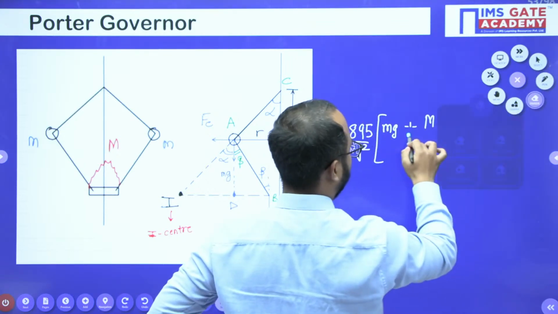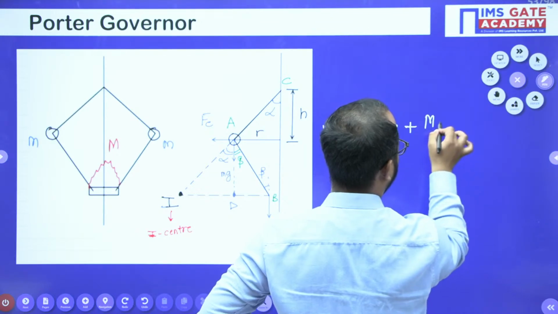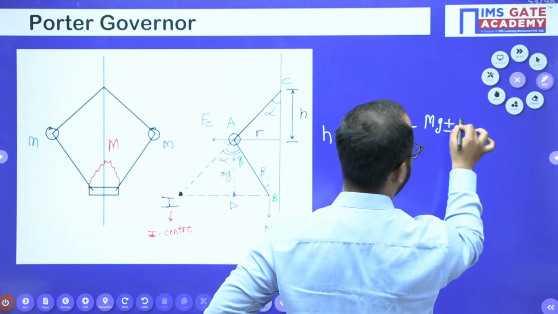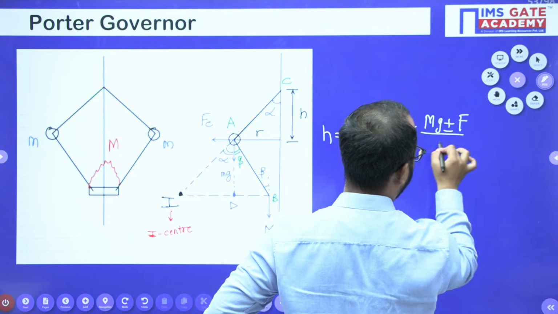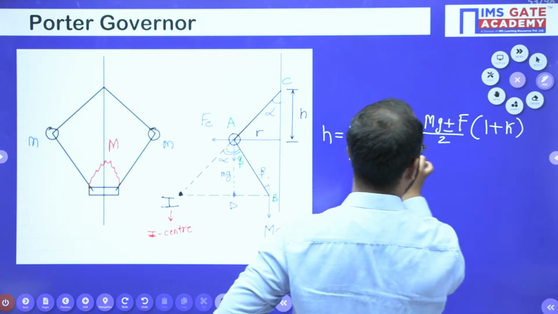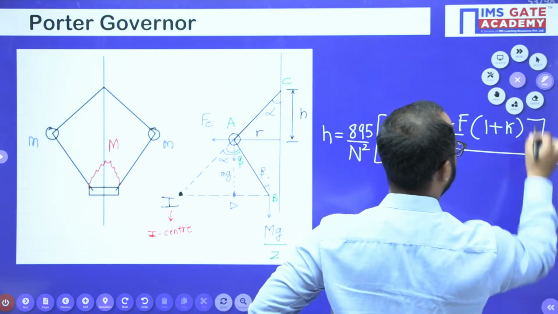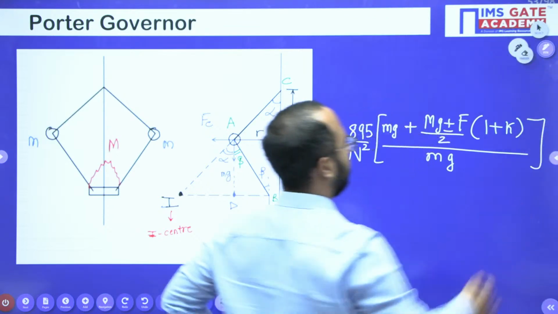Okay, here it will be plus. Capital Mg plus minus the frictional force, divided by 2, 1 plus K, small mg. So this is the formula, guys, that you should remember, everyone.